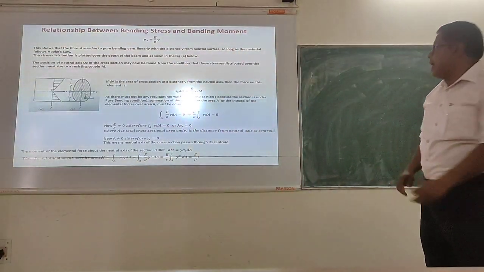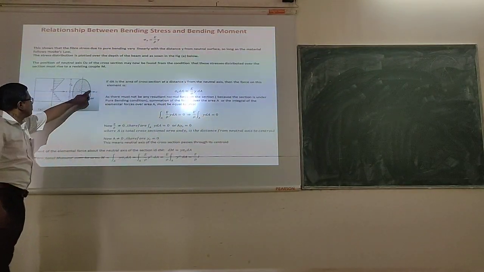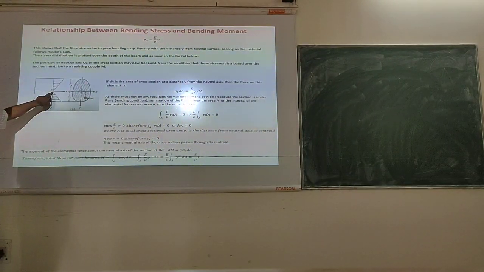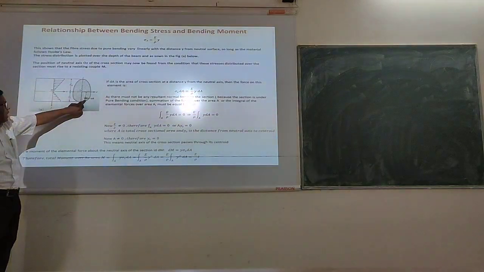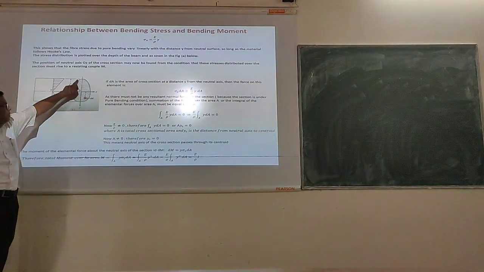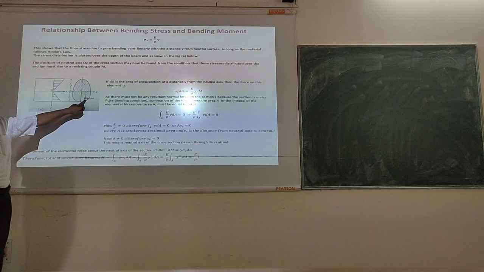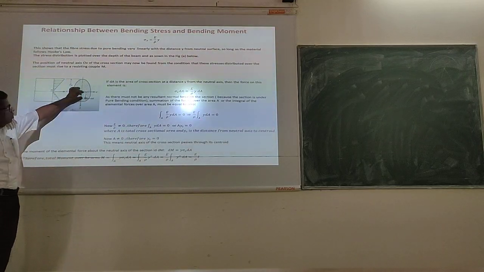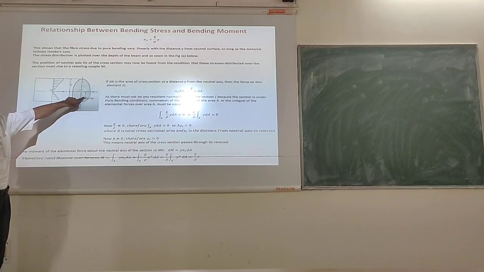And you have seen that this is the axis at which the bending stress becomes zero. Correct? Now, if I take a very small element dA from this total area, and very importantly, you see there is a notation from here to here, the distance is being shown as y.